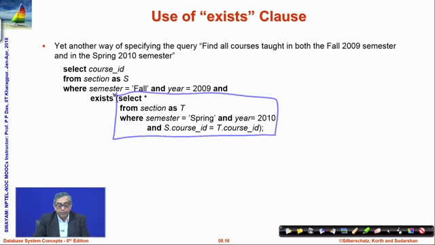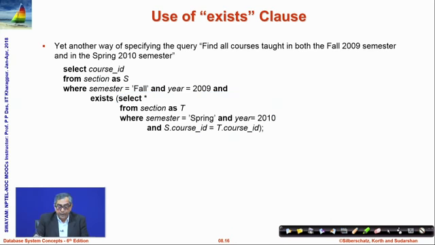This is again the same query which gives you the courses that are in spring 2010 and also in fall 2009, and you check whether this nested query returns an empty relation or not. If it is empty, then exists will fail and the whole where clause will fail. If it is not empty, then you have found such an entry, it was offered in both, and therefore it will get included.